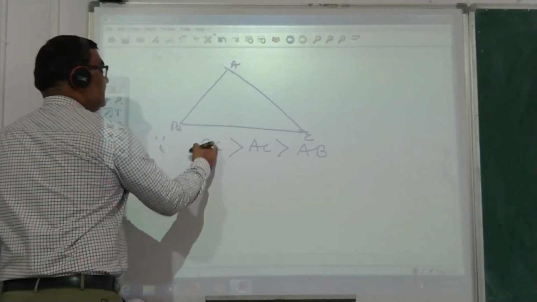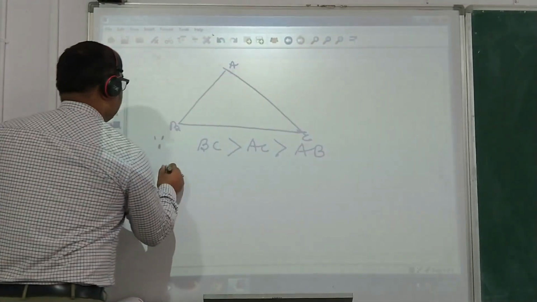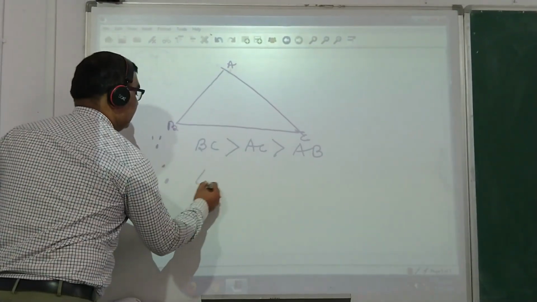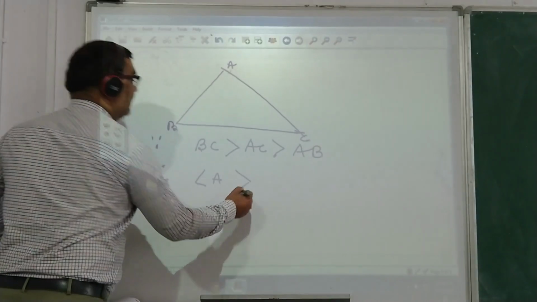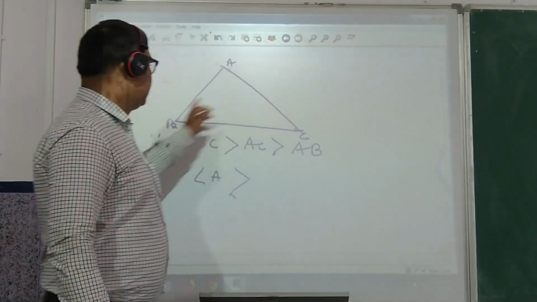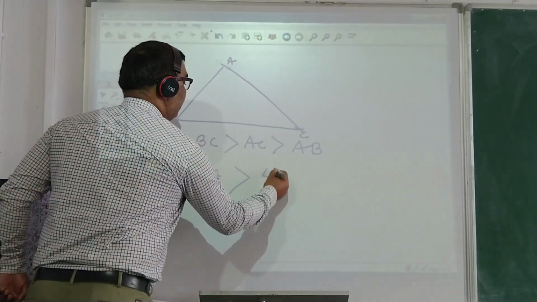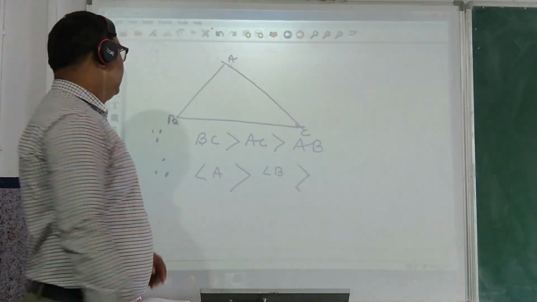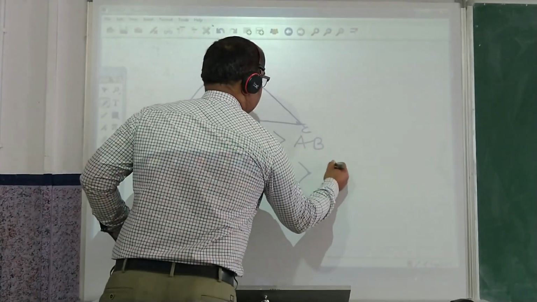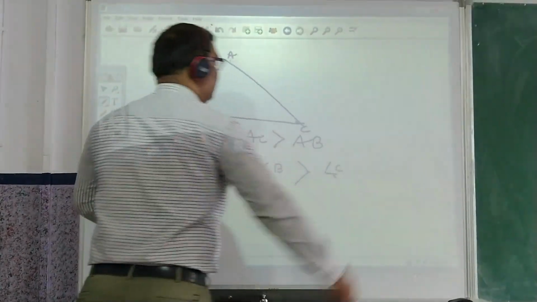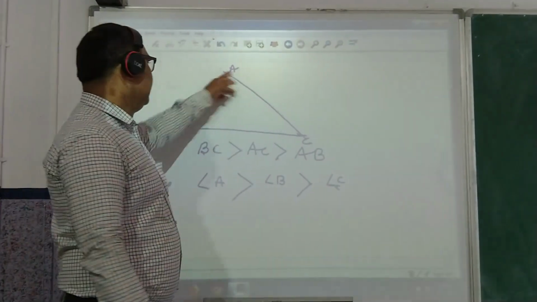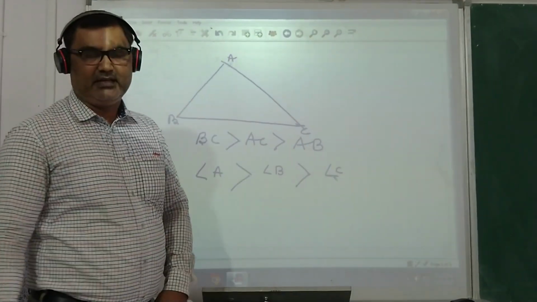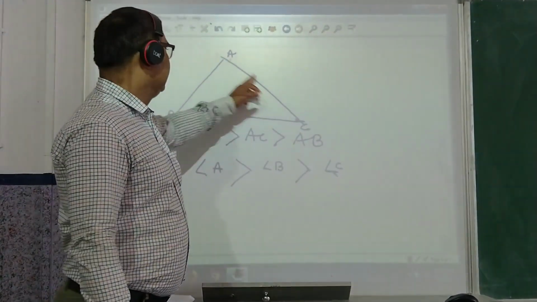Since BC is bigger than AC, bigger than AB, angle A is bigger than the angle opposite to AC, that is angle B, which is bigger than the angle opposite to AB, that is angle C. I repeat, in triangle ABC we have BC as the longest, then AC, then AB.